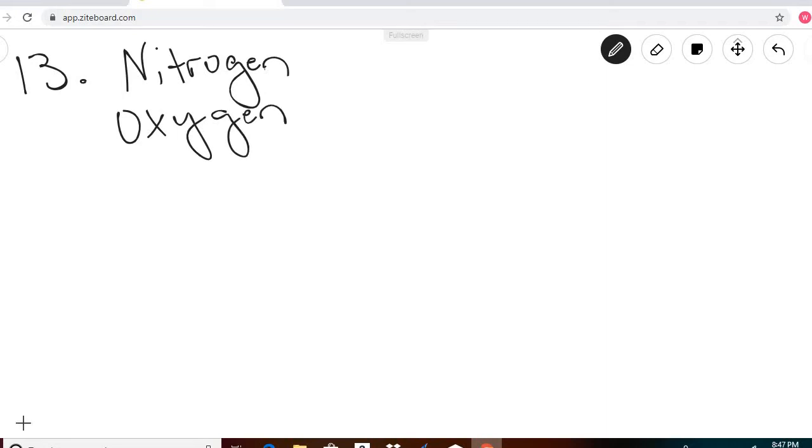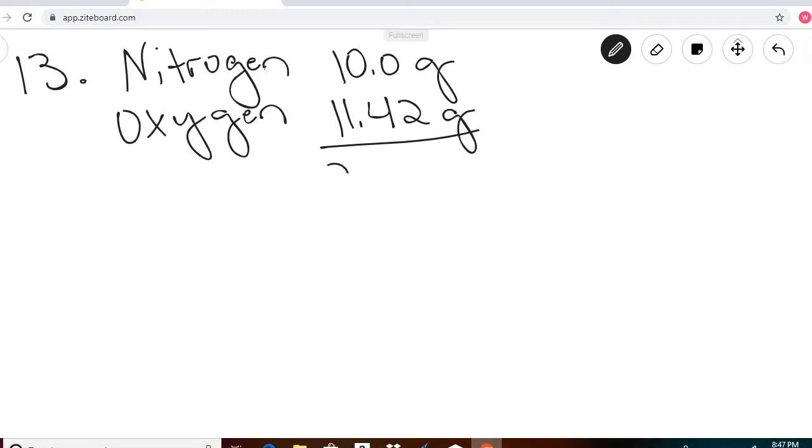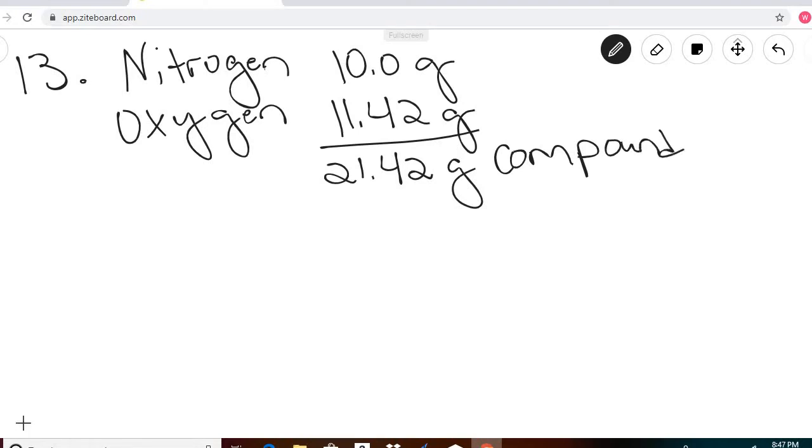In the first one, it's 10 grams of nitrogen and 11.42 grams of oxygen, and you make 21.42 grams of, we'll call this compound A. It's actually a gas because nitrogen and oxygen are both gases.